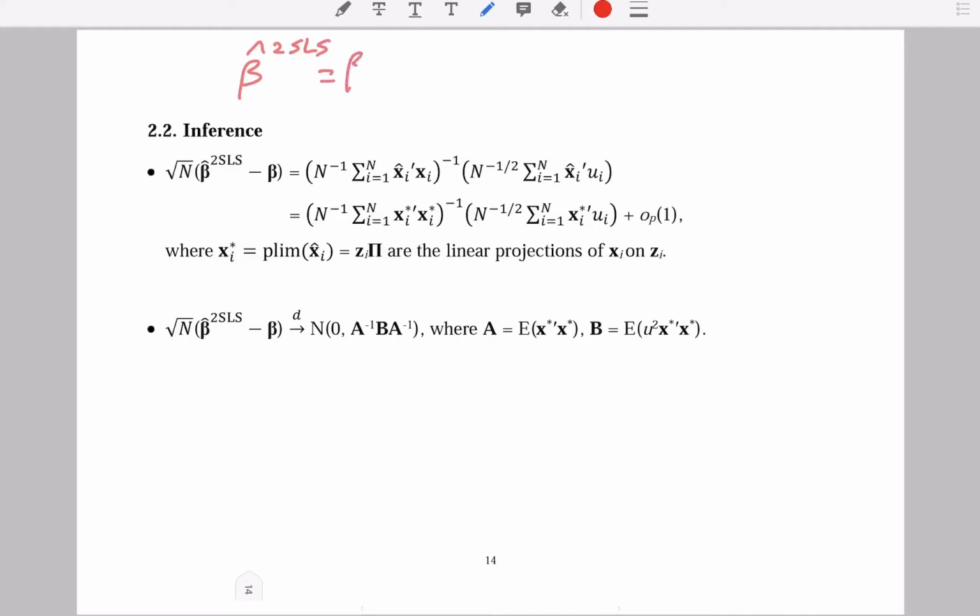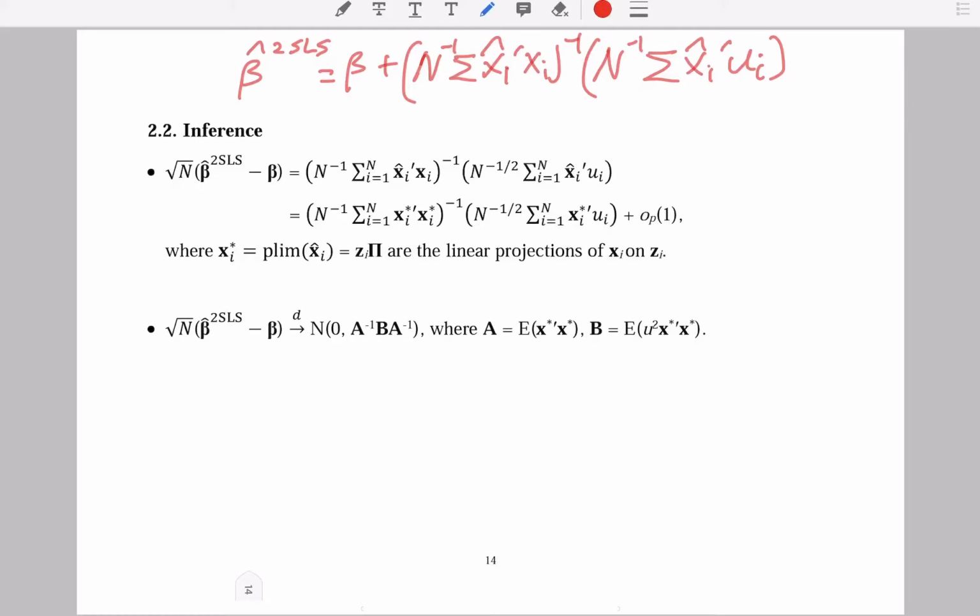We know it equals beta plus n inverse times the summation of x hat i prime, and so on.